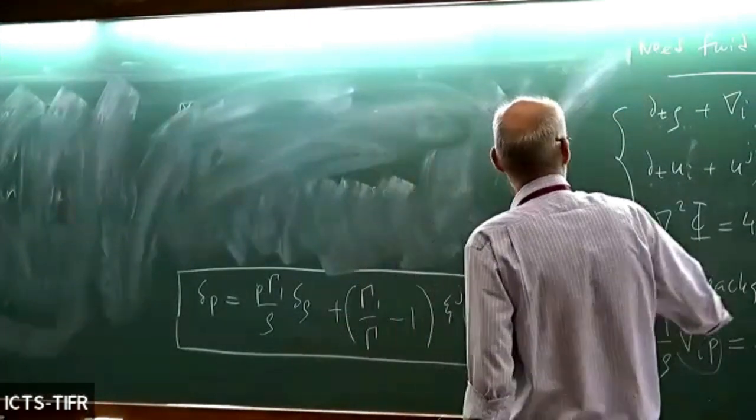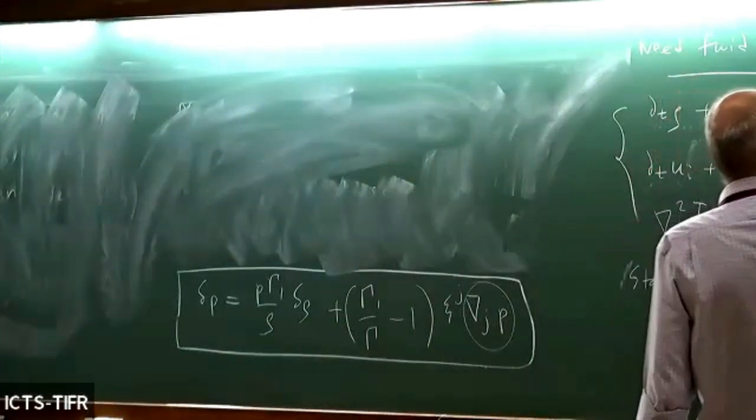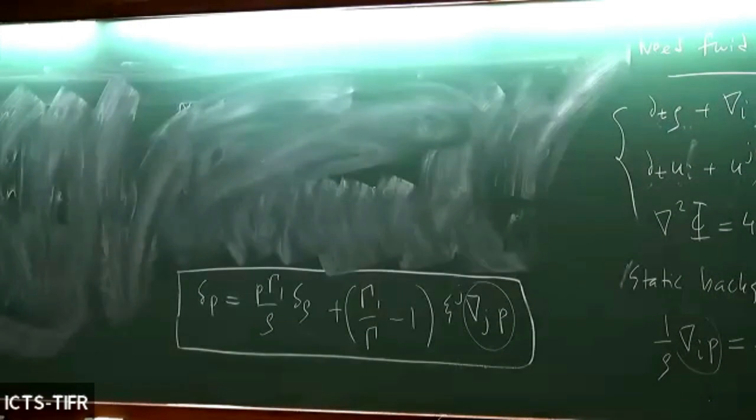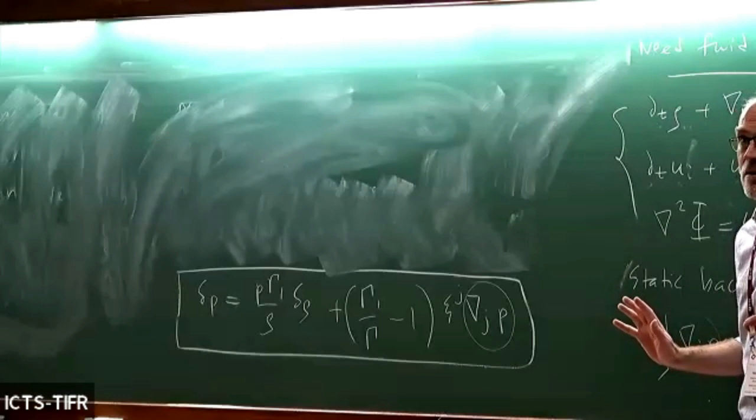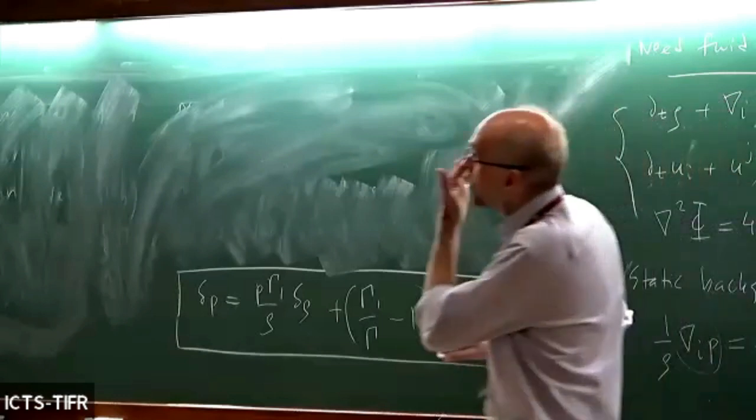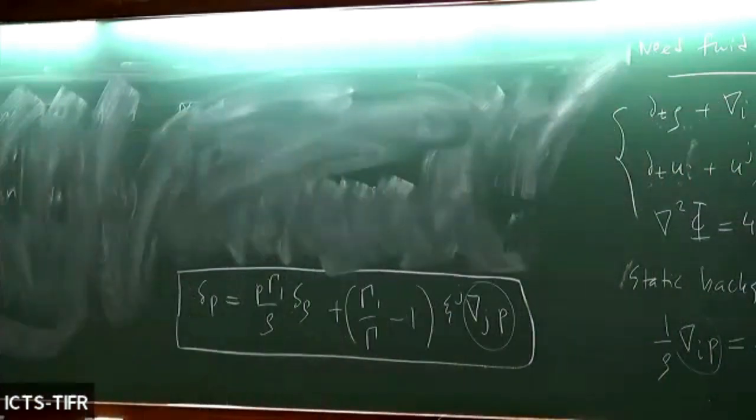So in general, I need to put the perturbed pressure back in. This is out. And then everything gets messy. Okay? But let's take some steps in that direction and see where we get to. And hopefully, we get to a point where we can see what's going on. But I'll have to skip a few things because it gets kind of long. Okay?